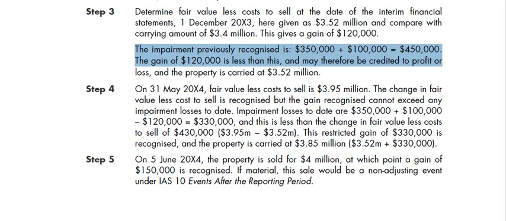Sorry, Mr. Crispin, what happens if the gain is more than the impairment loss? You only reverse up to the extent of the impairment loss, the way you do under IAS 16.